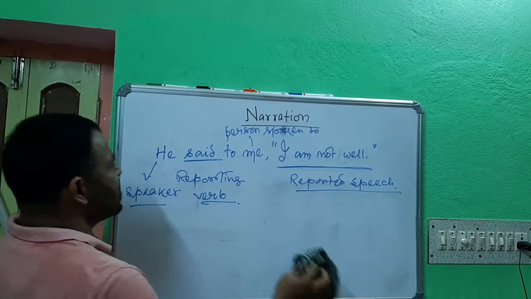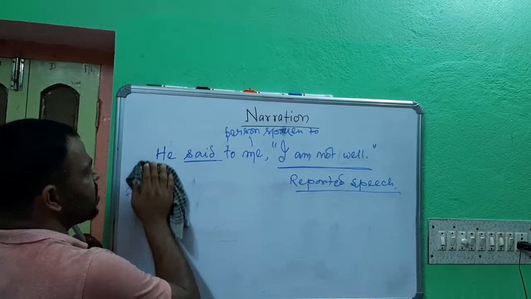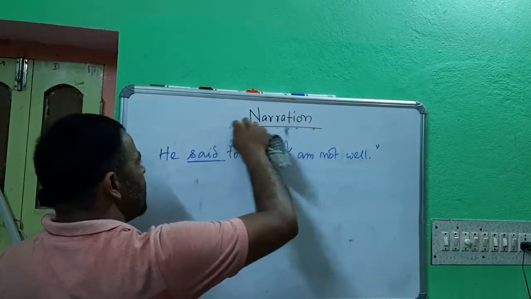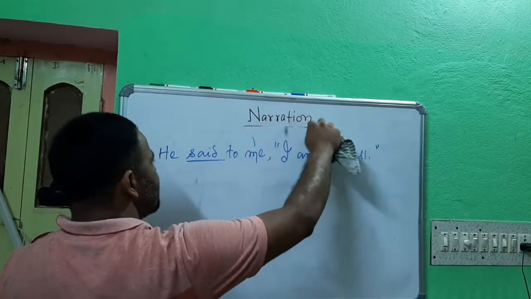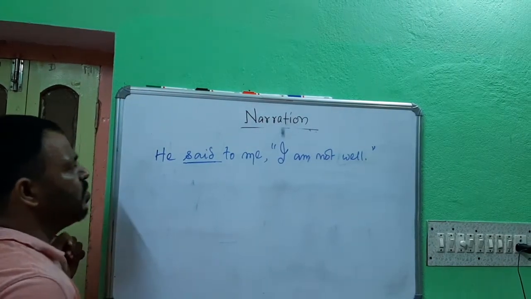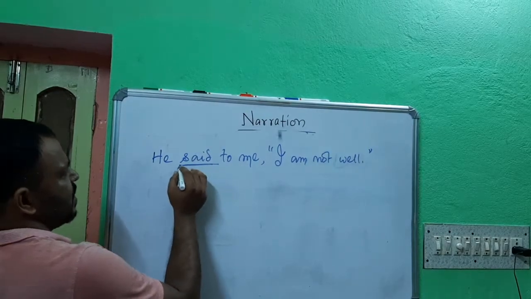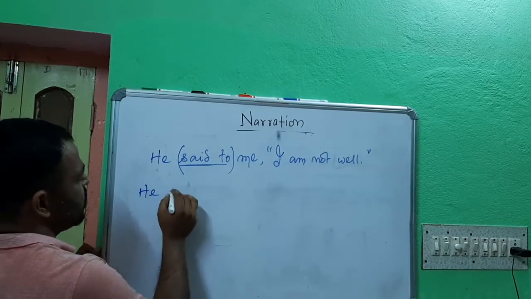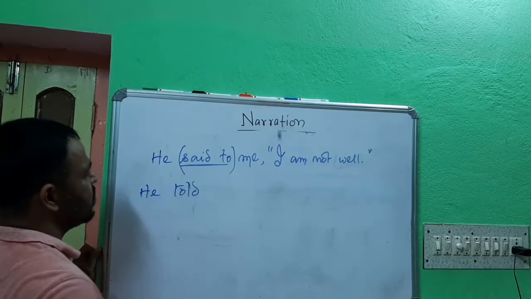When changing from direct to indirect narration, the subject, the verb and other components of the sentence change, and there you will have to follow a few rules. In direct narration, said to would be converted to told.